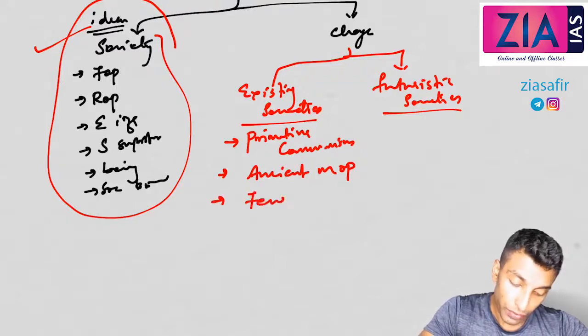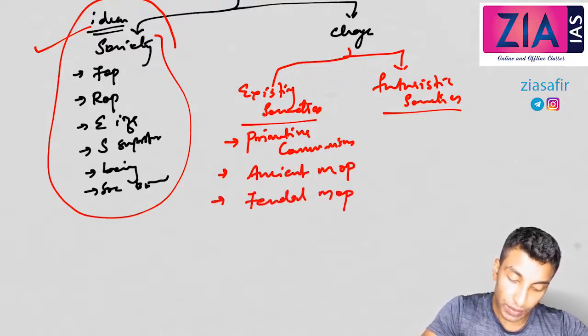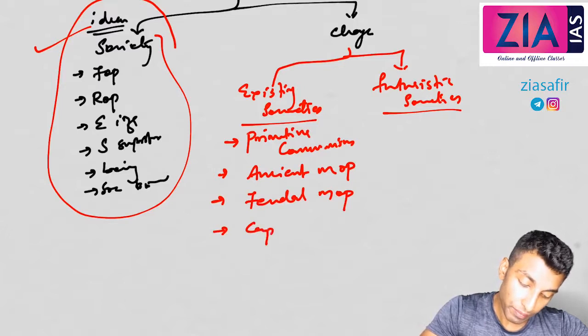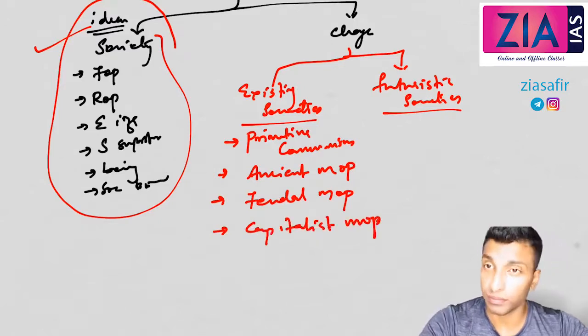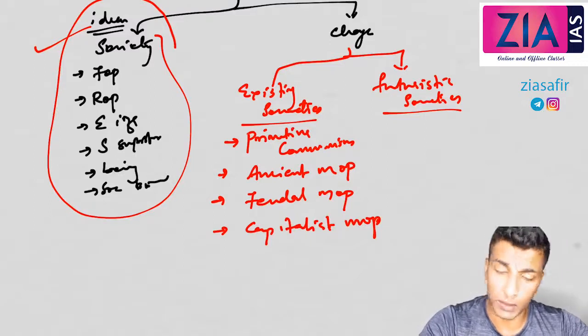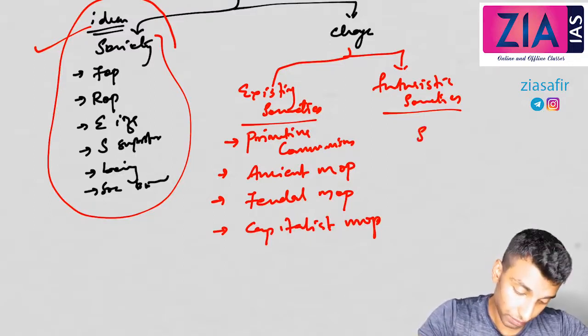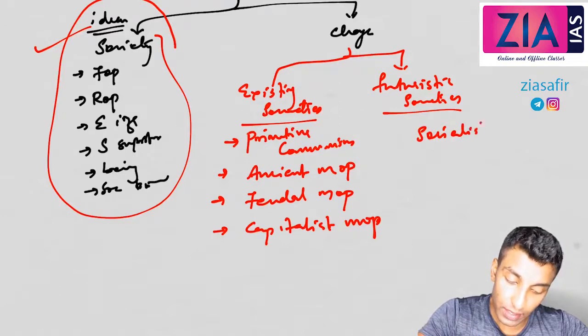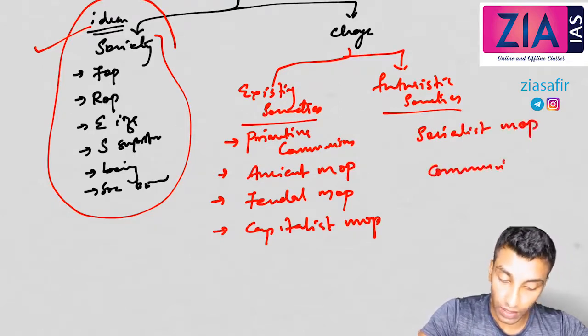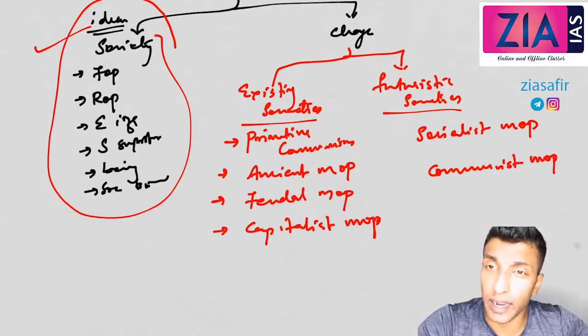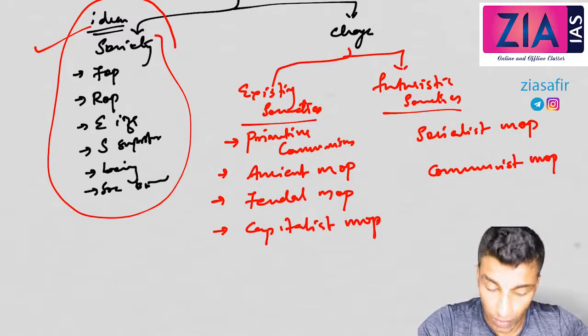Then feudal mode of production, and then capitalist mode of production. Futuristic societies Marx understood in terms of socialist mode of production and communist mode of production.